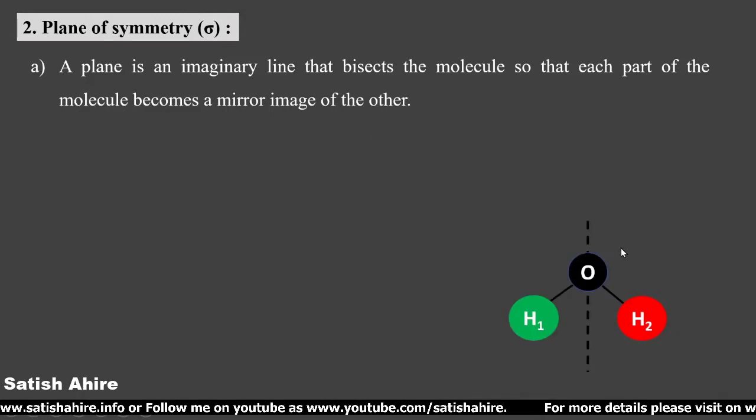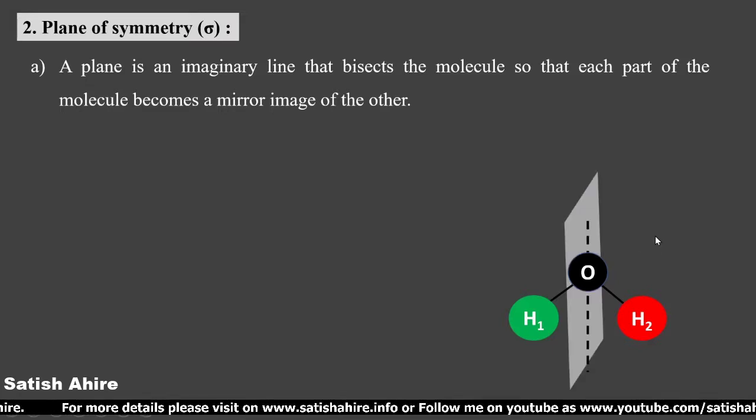If we pass an imaginary line that passes through this oxygen atom, then this line divides this molecule into two equal parts. Therefore, this is known as plane of symmetry. We can show the same plane of symmetry in another way by passing this plane through these two hydrogen atoms.